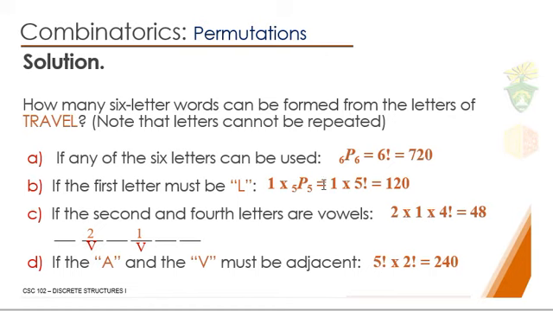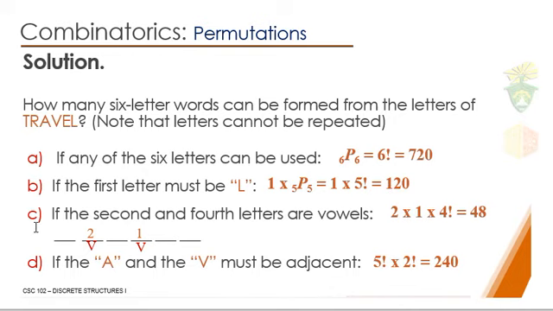We only have 5, because travel is a 6-letter word and we take out L, since its position is constant. So the value of n changes from 6 to 5, and our r is also 5, since we rearrange the remaining characters. That makes it 1 times 5 factorial, which is 120.